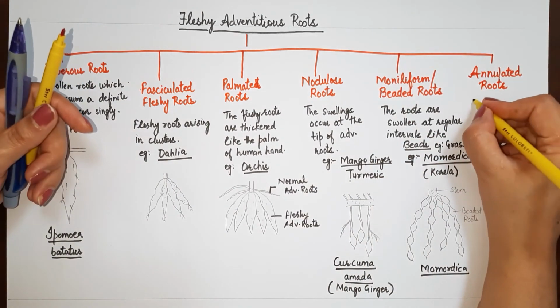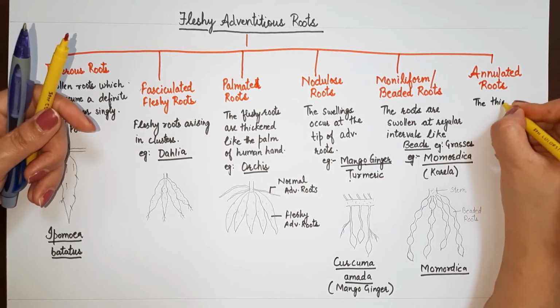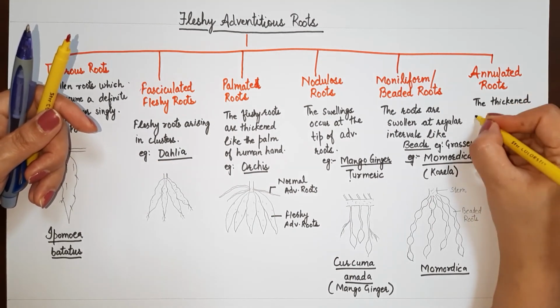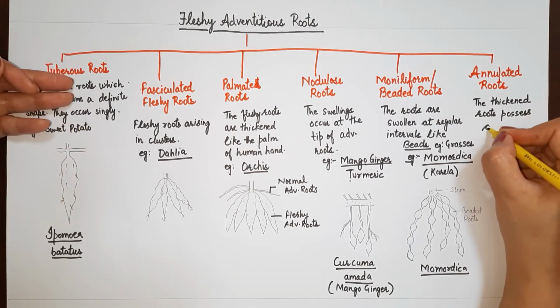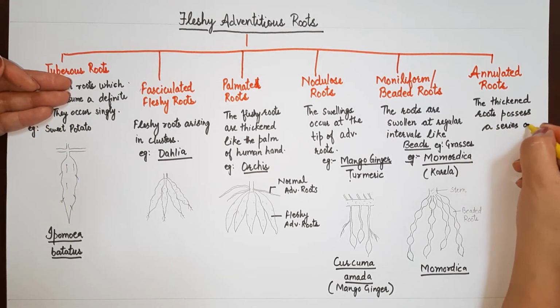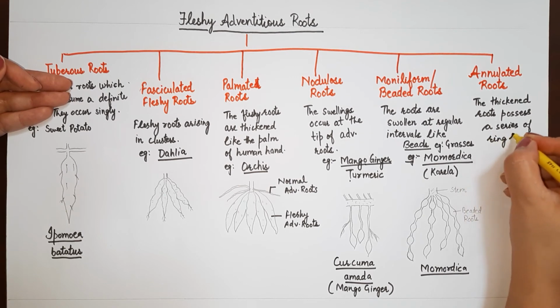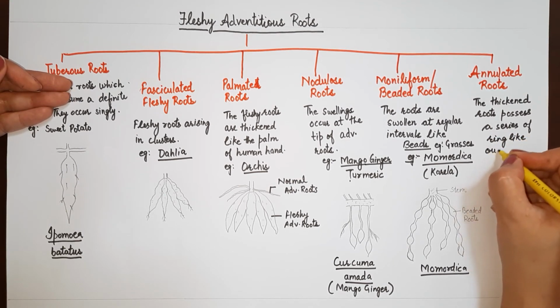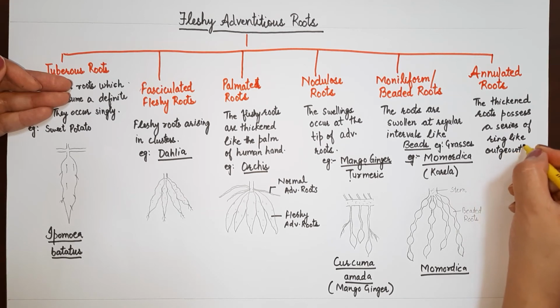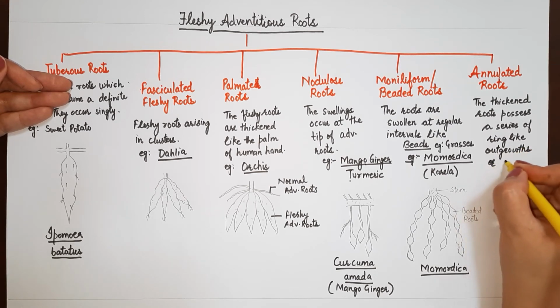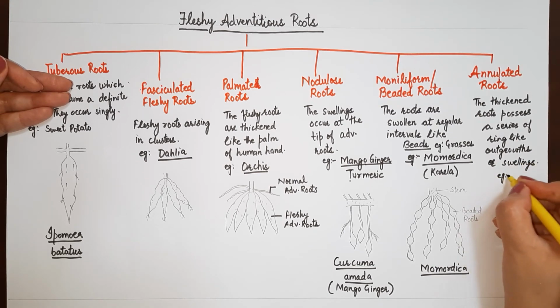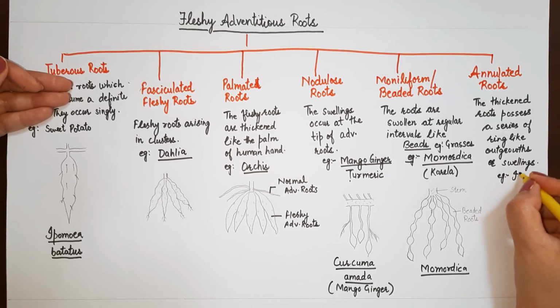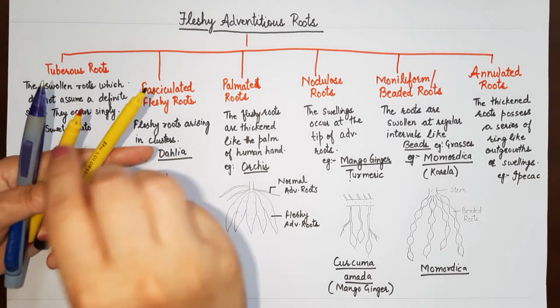So it means the thickened root possess a series of ring-like outgrowths or swellings. In this case, example is ipecac. It's a common name. Okay.